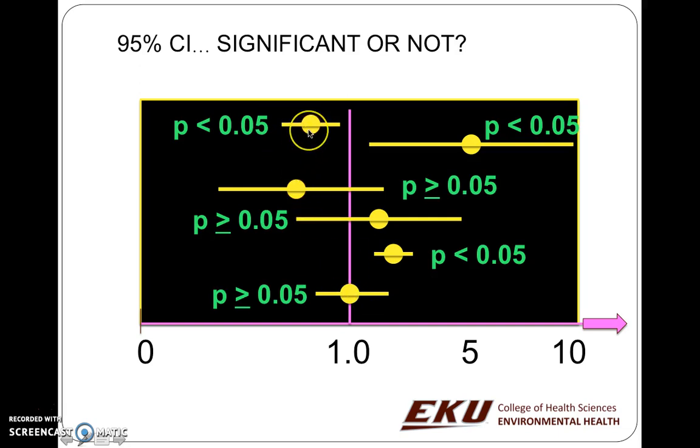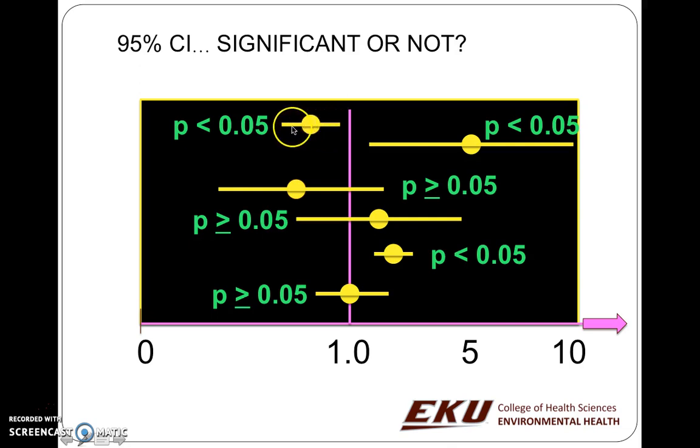We can say something about the p-values for these as well. If there's a statistically significant difference, we have a less than 5% chance of making an error in our assumption that something is significant or not. So these are 95% confidence intervals, so 1 minus 0.05 is 95%.